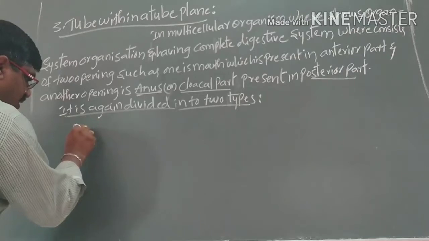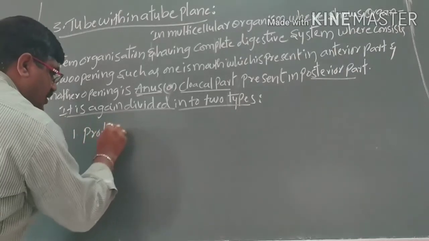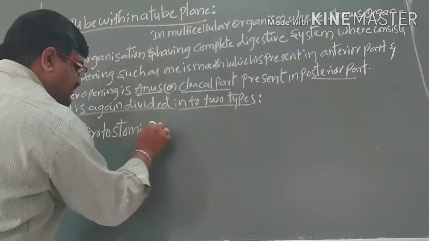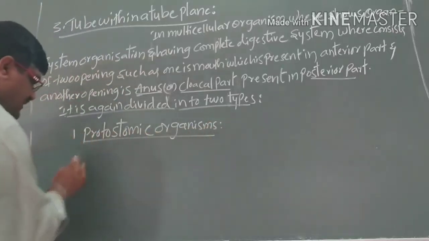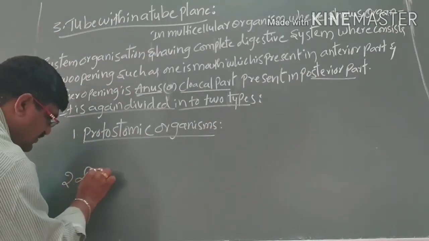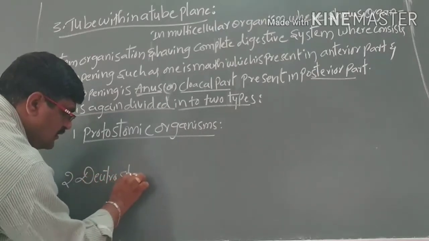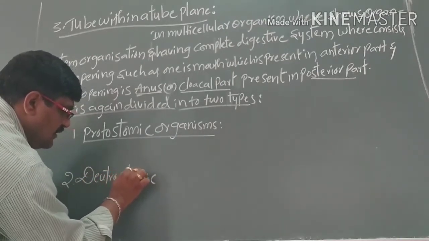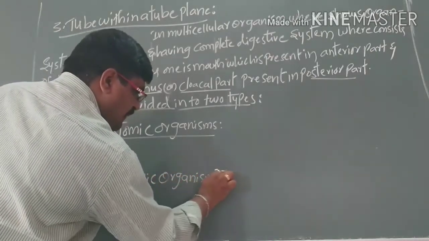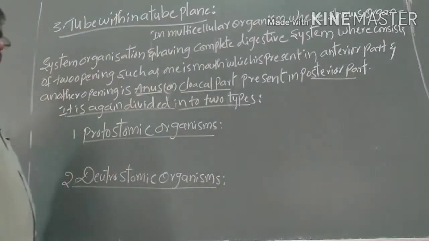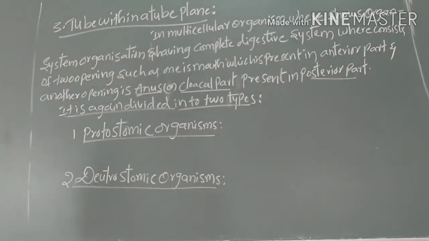The first one is protostomic organisms, and the second one is deuterostomic organisms.